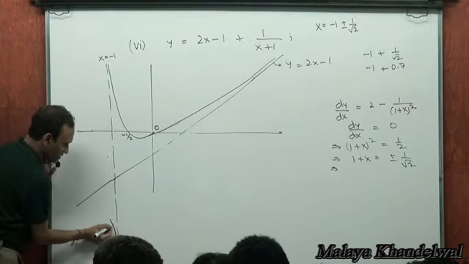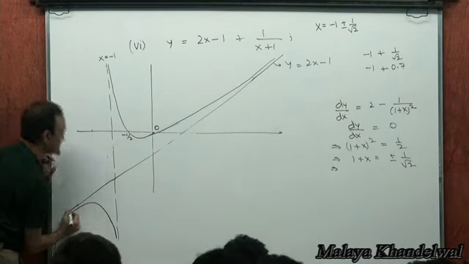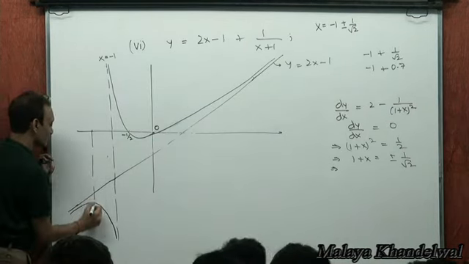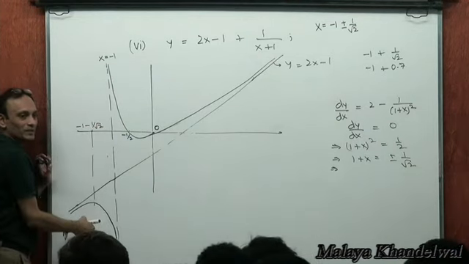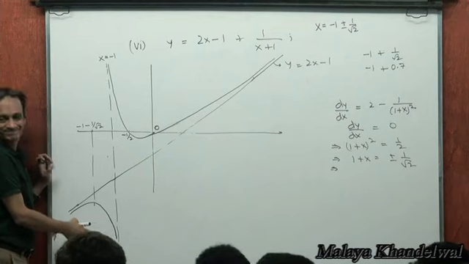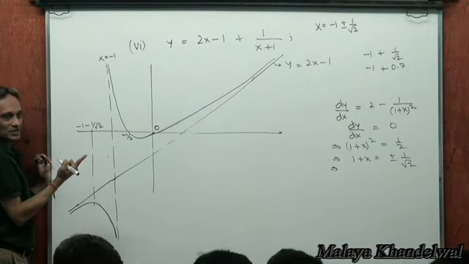And on this part at minus 1 by root 2, I would expect something like this. This is minus 1 by root 2. I would expect a local maximum, right? This is the graph of the function, isn't it? Complete graph of the function.